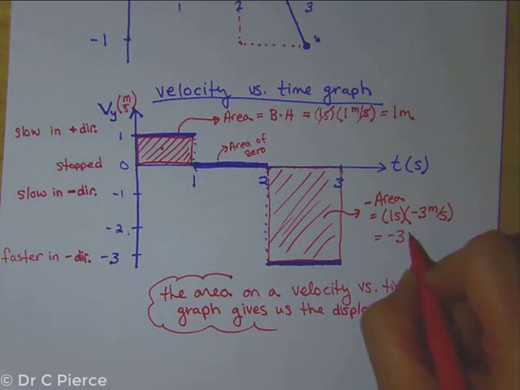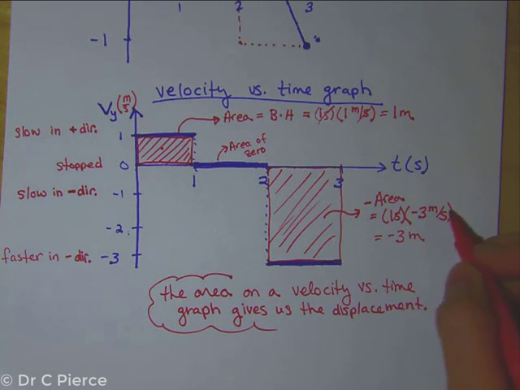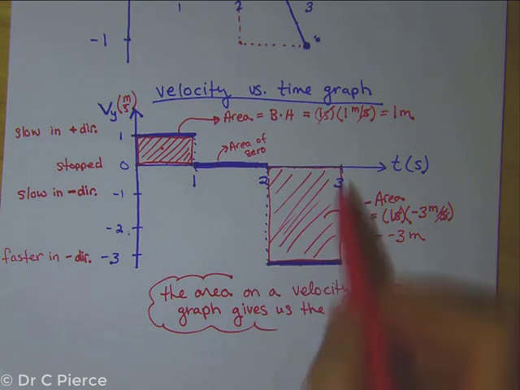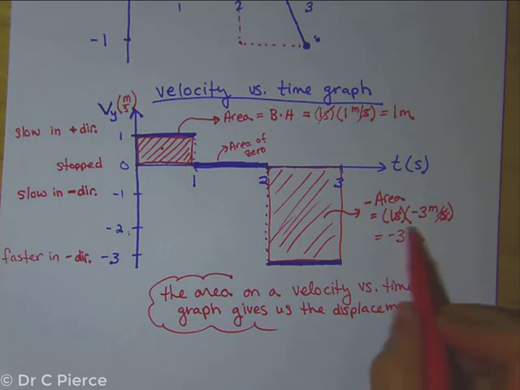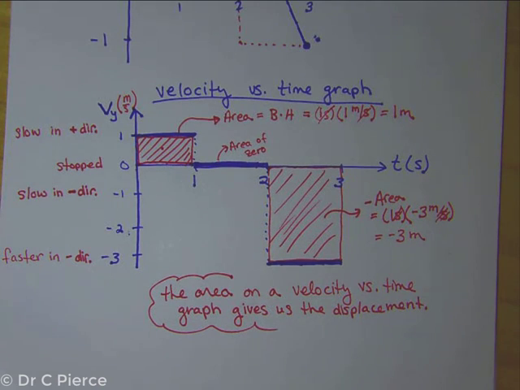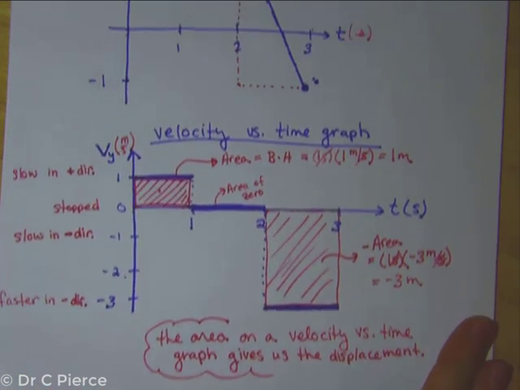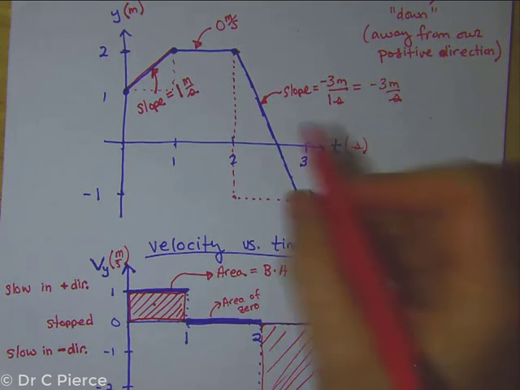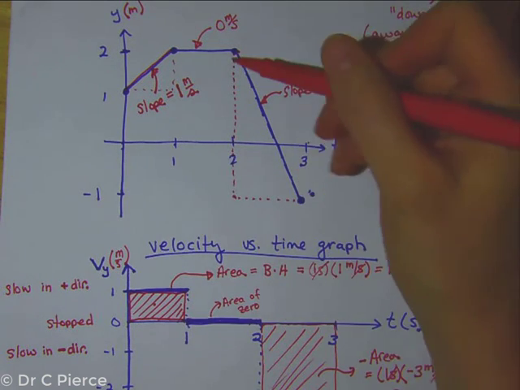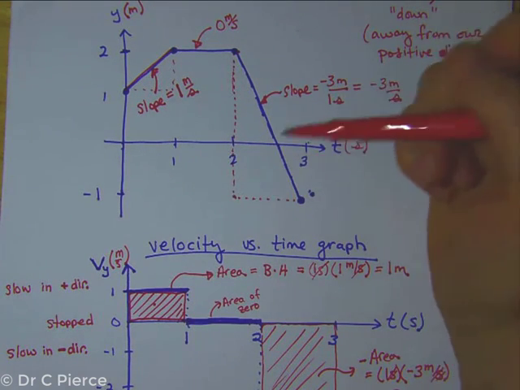So -3 meters, because a second in the numerator will cancel out with a second in the denominator. So from 2 to 3 seconds, it lost 3 meters of height, which we should be able to go back up and see.